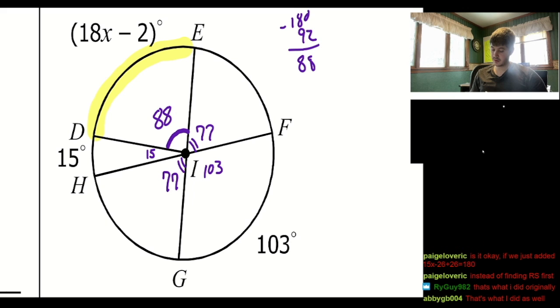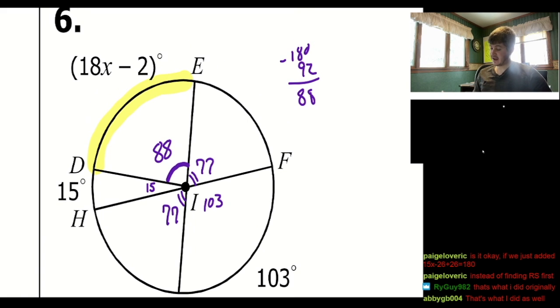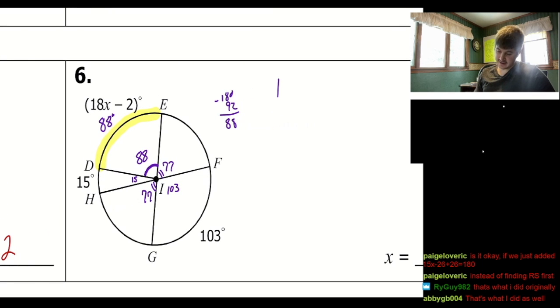So, looks good. I think that's right. And now that if that's 88, that makes the arc 88. So now we can just set them equal to each other. So 18x minus 2 is equal to 88 degrees.